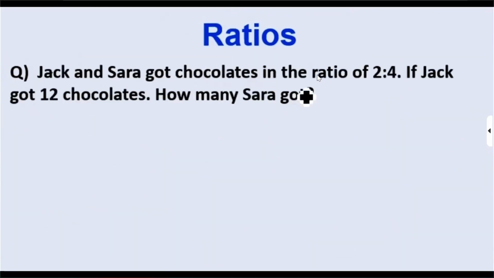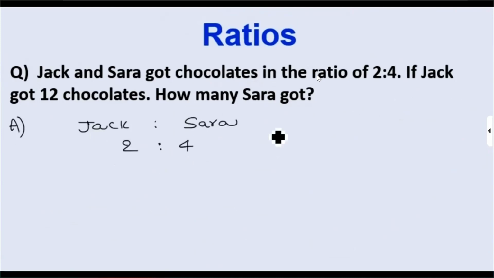Now another question. Jack and Sarah got chocolates in the ratio 2 is to 4. If Jack got 12 chocolates, how many did Sarah get? First of all, Jack is to Sarah is equal to 2 is to 4.